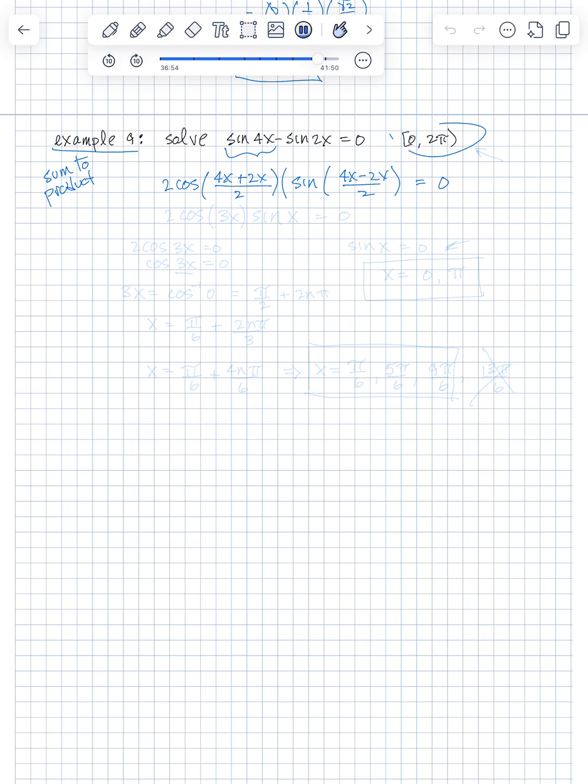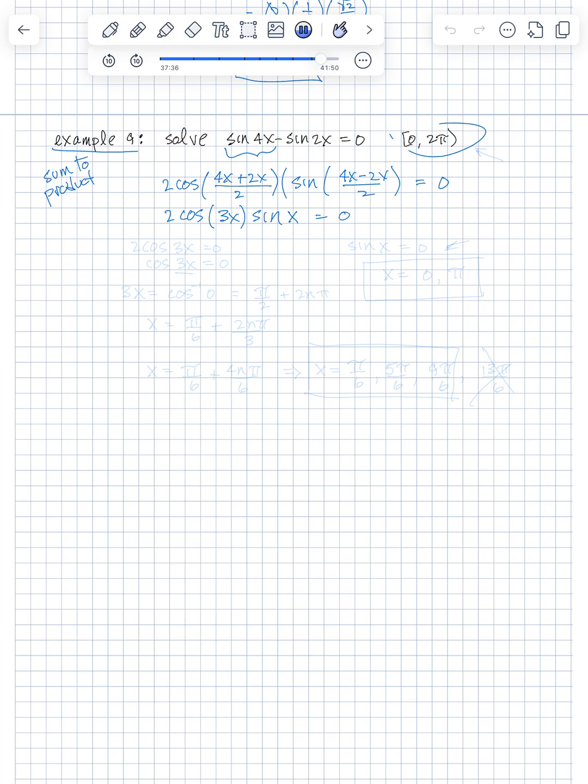So now we're going to simplify this. So we have 2 cosine. So 4x plus 2x, 6x over 2 is 3x. And then sine 4x minus 2x, that's 2x. 2x over 2 is just x, so sine x. And that is equal to 0.